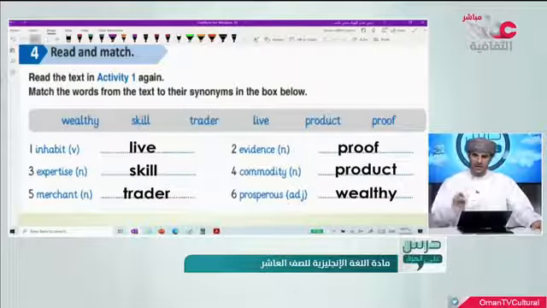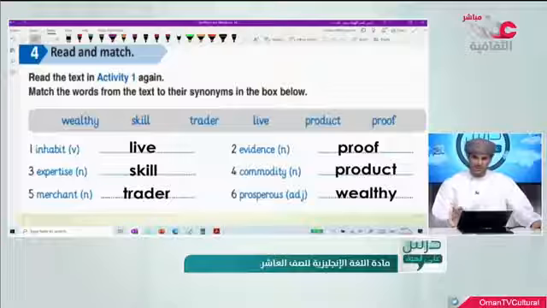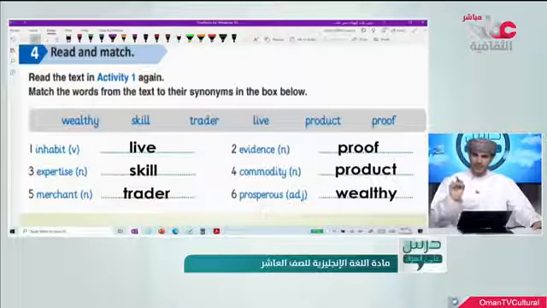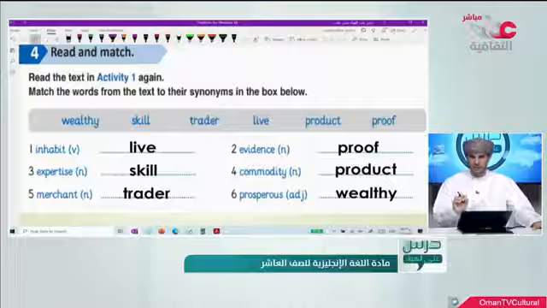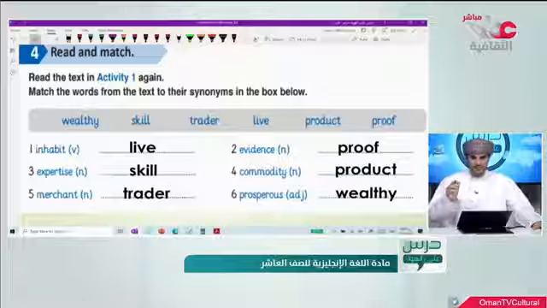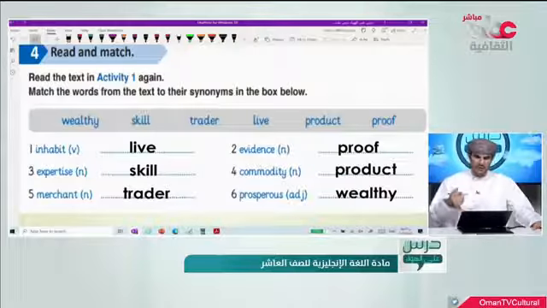Every time you find a word or its synonym or antonym, write them down and write the meaning, because writing definitions is one of the best ways to memorize these words, because you will need them either in reading, in writing, or in other English skills.